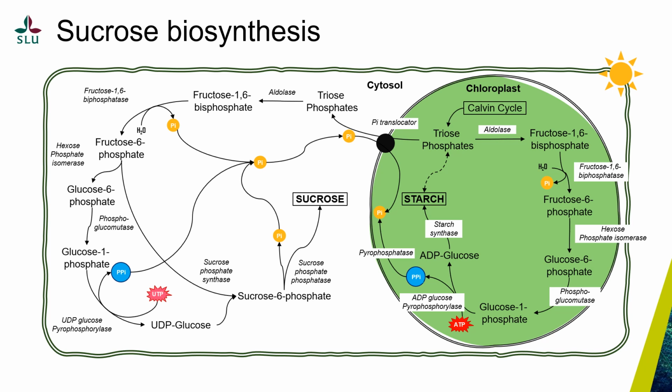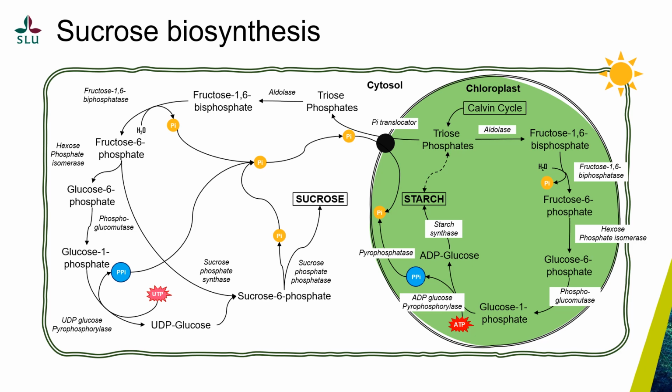Again, all of these phosphates accumulate in the cytosol, and then they are transported into the chloroplast by the action of the phosphate translocator. So it exports triose phosphate into the cytosol, and then it takes the phosphate back into the chloroplast.